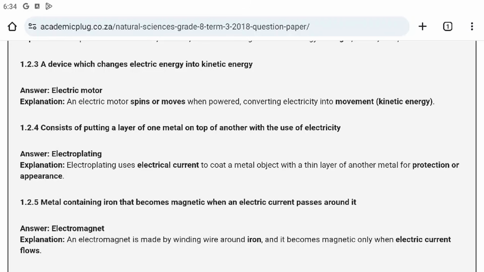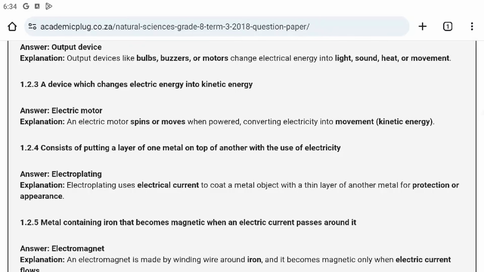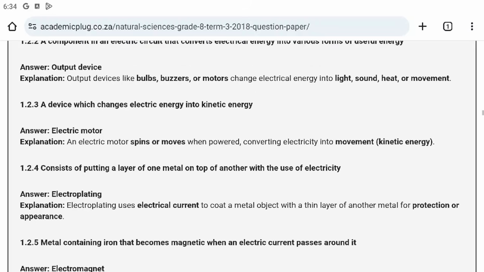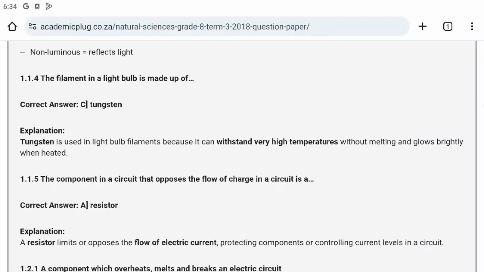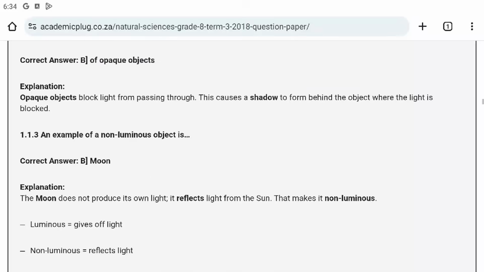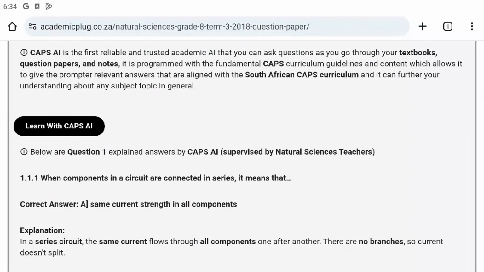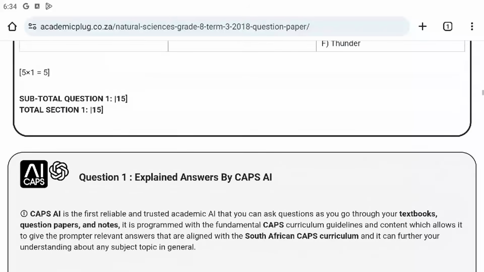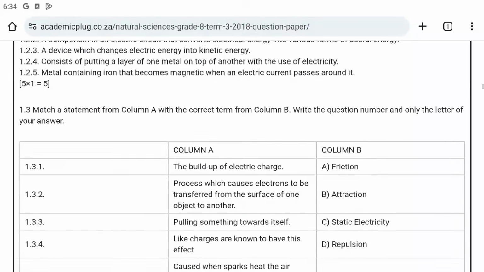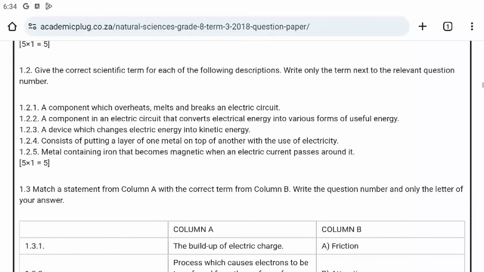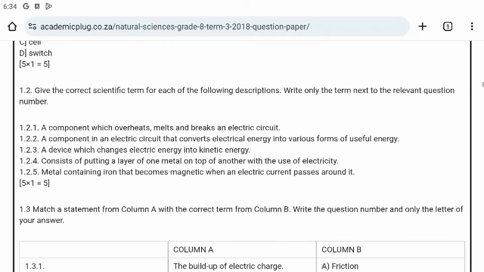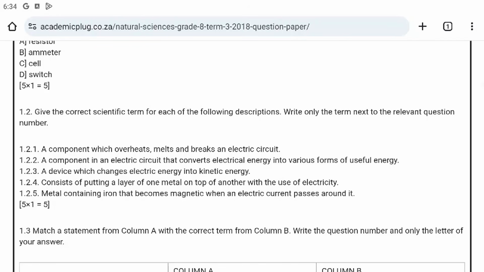I think we have a couple of questions that touch on things like electroplating and electric motors within those 200 plus questions. After completing those 200 questions, it'd be very hard to fail these questions, because everything is explained there in depth.